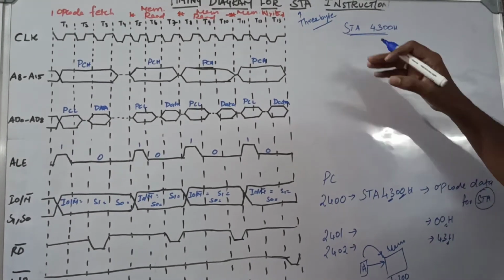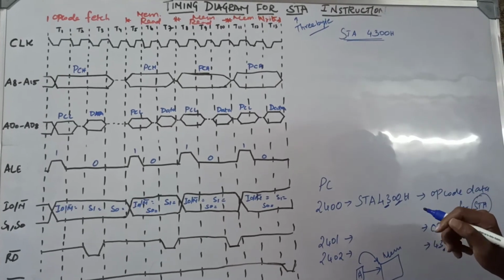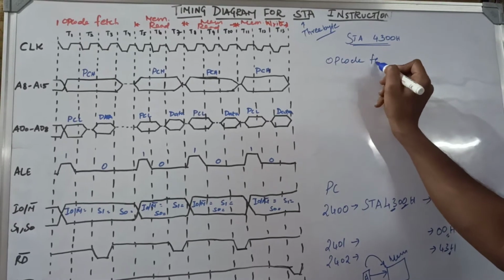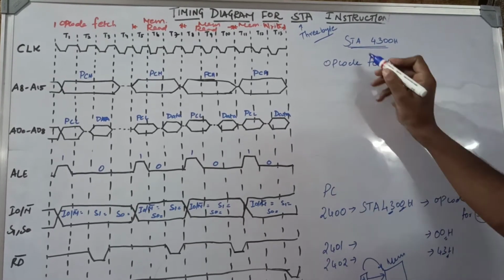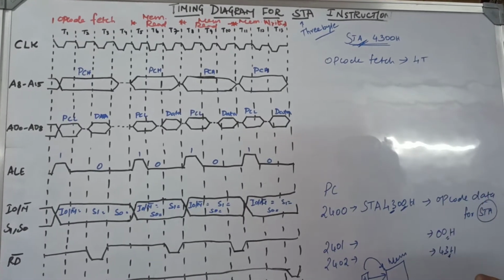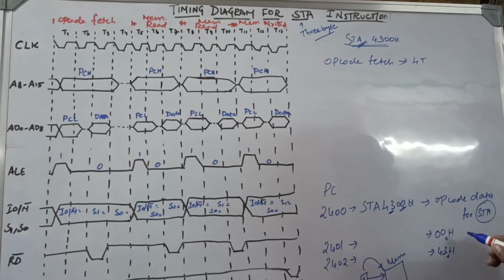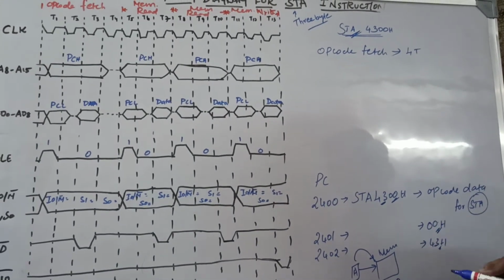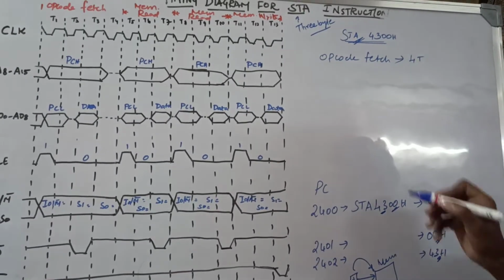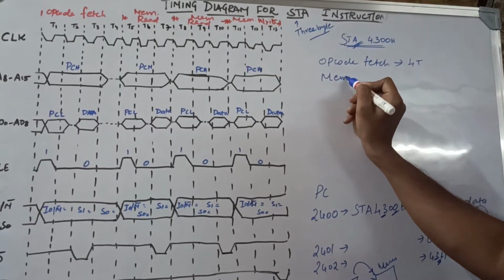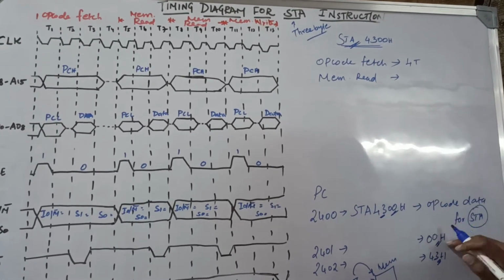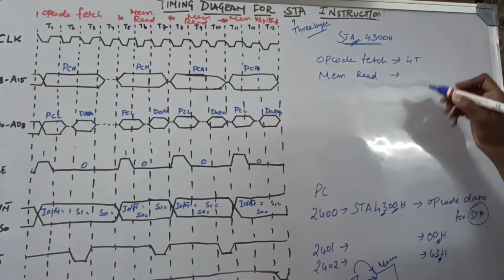How many machine cycles are required to execute the STA instruction? The first machine cycle is opcode fetch. Opcode fetch for the STA instruction requires 4 T-states. The second machine cycle is to read the lower order address and also the higher order address, so you get two memory read functions. The first memory read, 3T, reads the lower order address of the specified memory location.